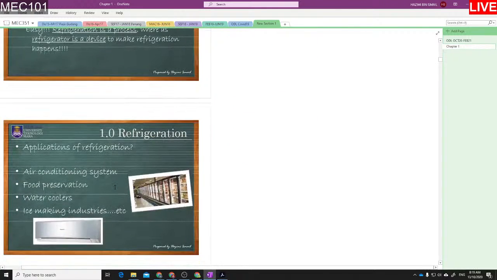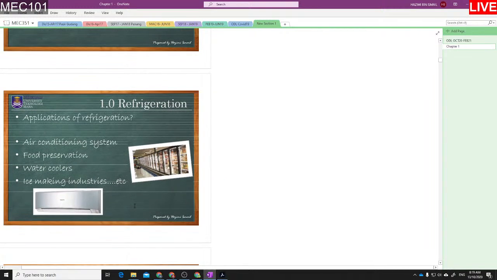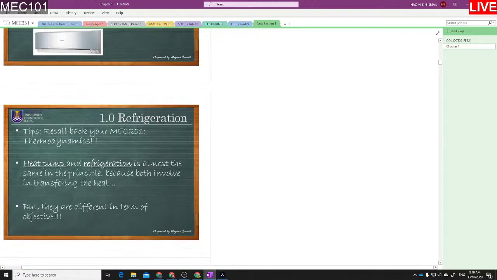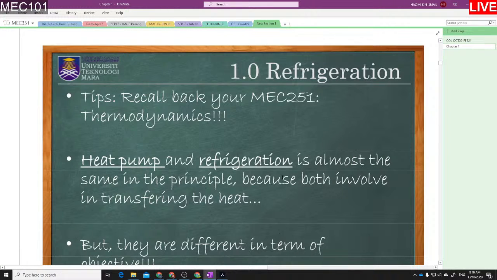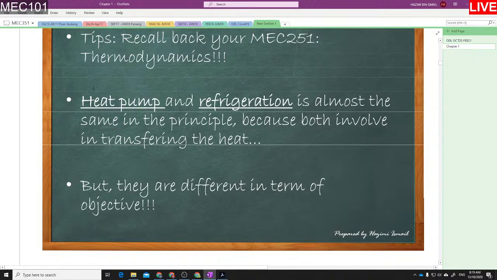with our slide. Application of refrigeration: you may see it in air conditioning systems, food preservation, water coolers, ice making industries, and etc. Heat pump and refrigeration are almost the same in principle. In Malaysia the climate is very hot all year long, so we don't need the heat pump.